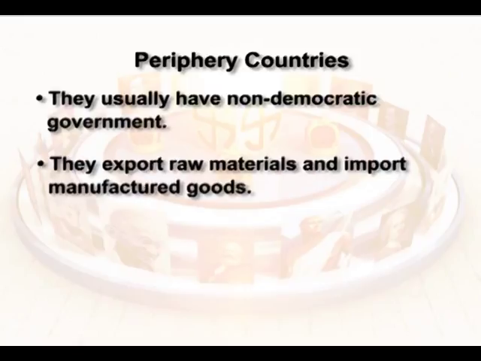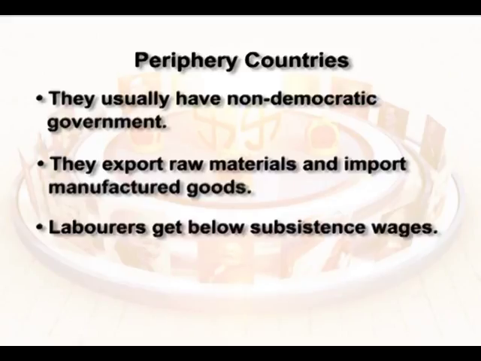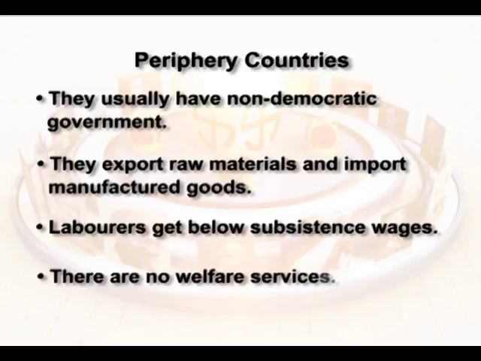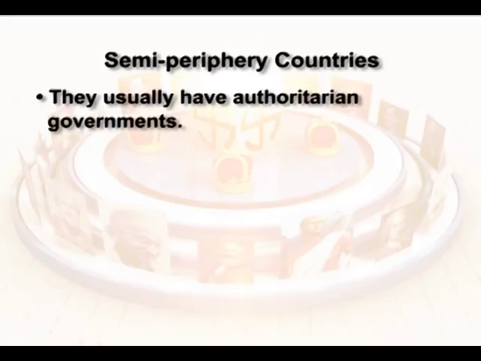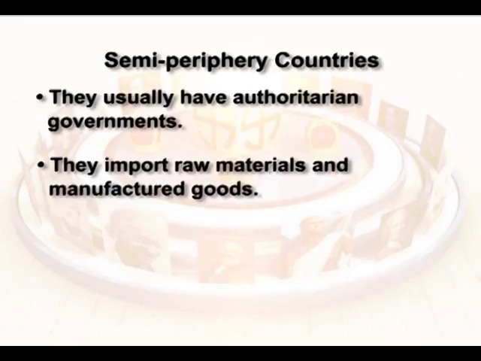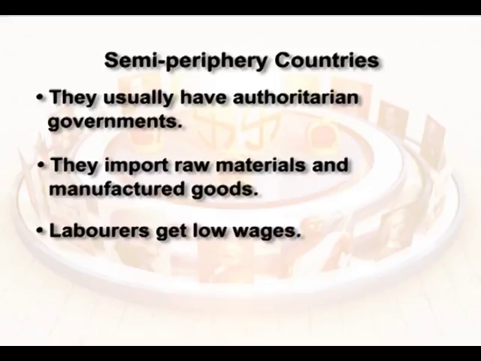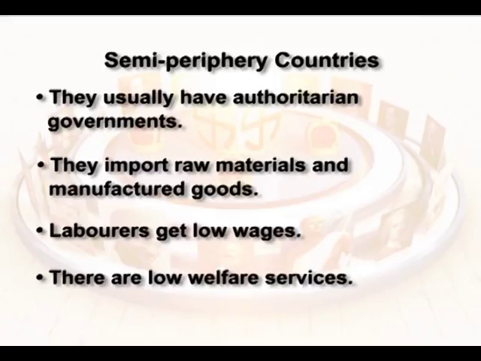They export raw materials, import manufactured goods. Laborers get below subsistence wages. There are no welfare services. The semi-periphery usually have authoritarian governments, import raw materials and manufactured goods. Laborers get low wages and there are low welfare services.